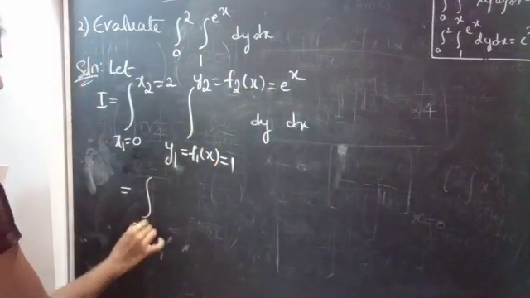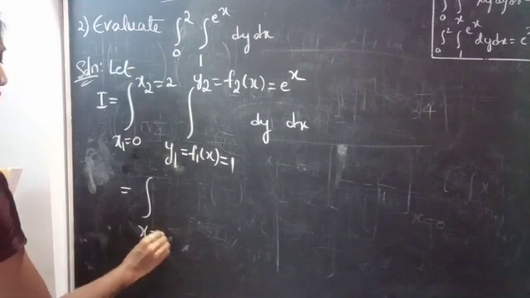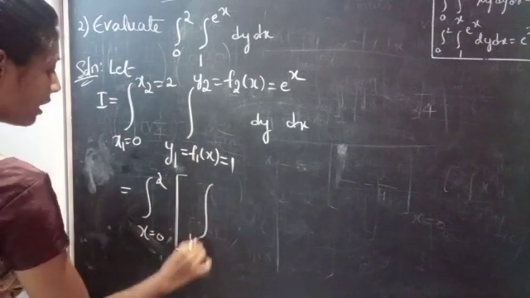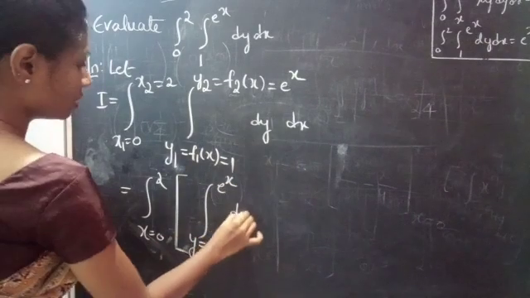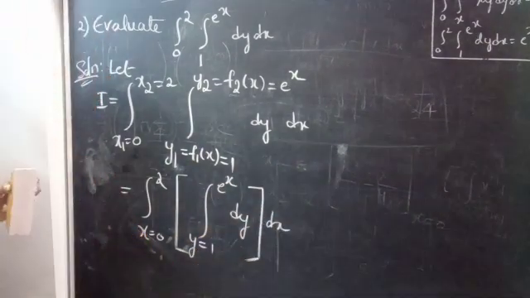So this is equal to the integral for x equals 0 to 2 into integral y equals 1 to e power x into dy into dx.